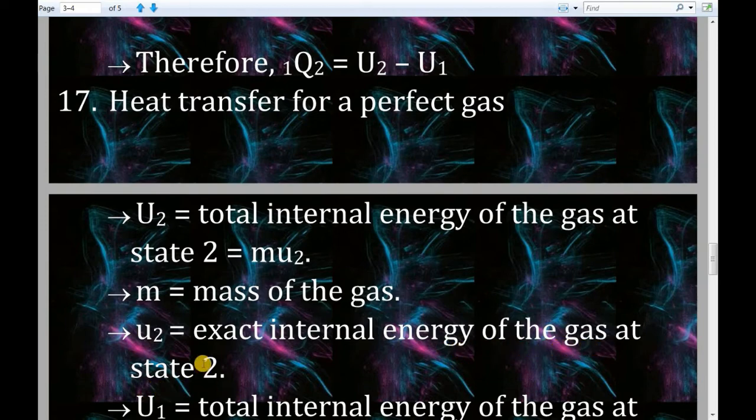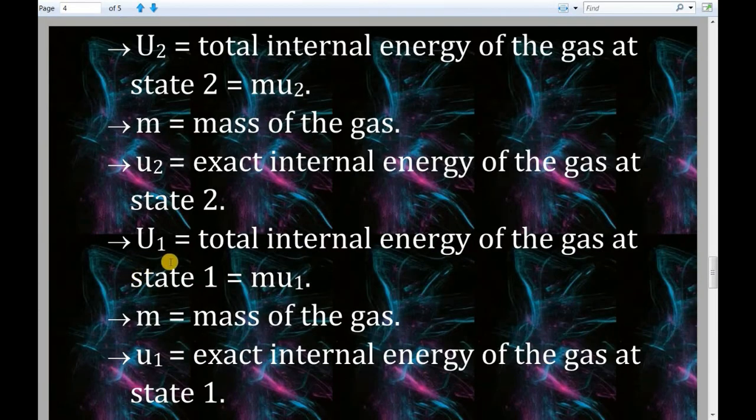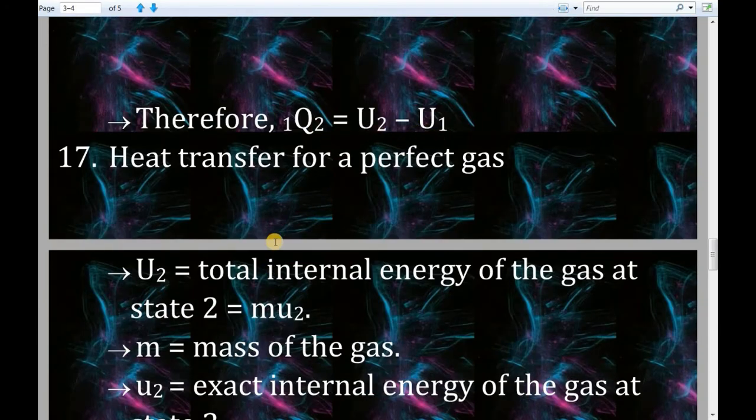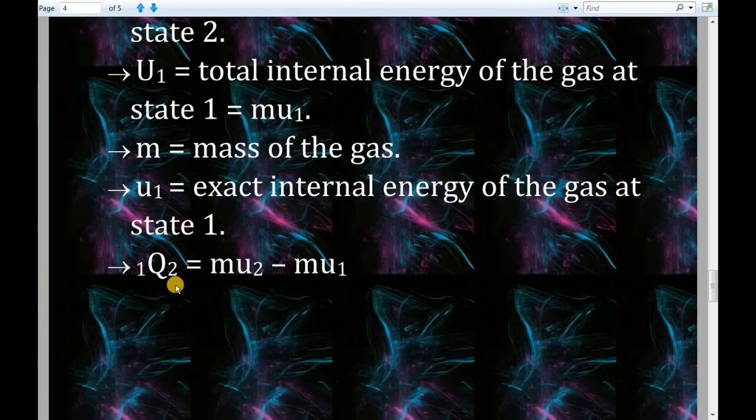Okay, so similarly U1 is the total internal energy at state 1, and the formula for U1 is m into small u1. So m is the mass of the gas and small u1 is the exact internal energy value at state 1. Okay, now we will substitute U2 and U1 in this formula. We get 1Q2 is equal to mu2 minus mu1.